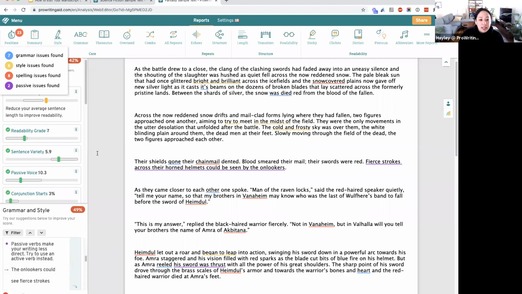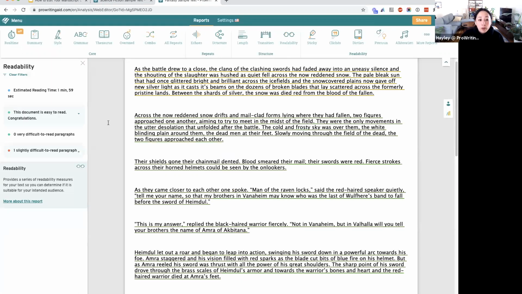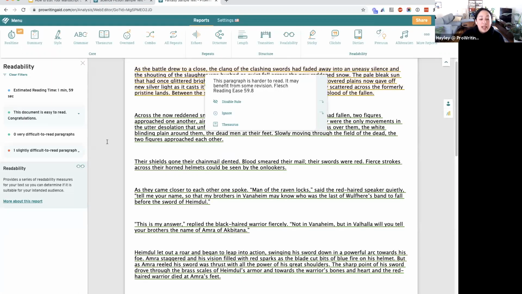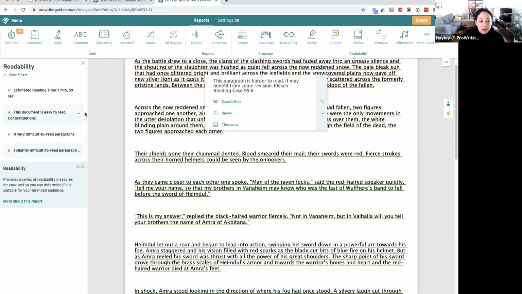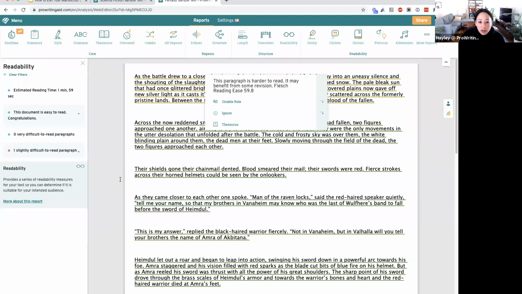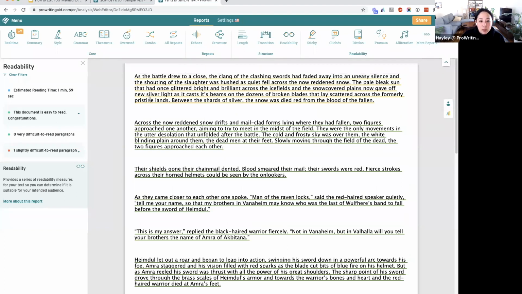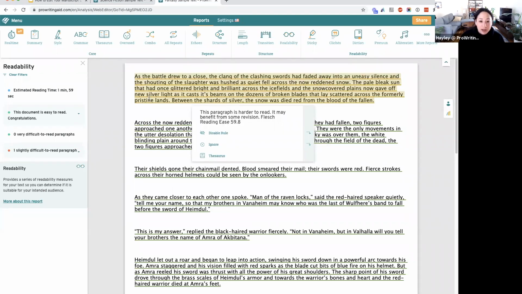You'll also see over here in your goals, or also in our readability report, your overall document readability. Your overall document readability will help you understand the readability of your whole document, as well as places where you might want to focus to make specific changes. So this breaks down your overall document, as well as places where you can focus in on a specific paragraph that's too difficult to read.